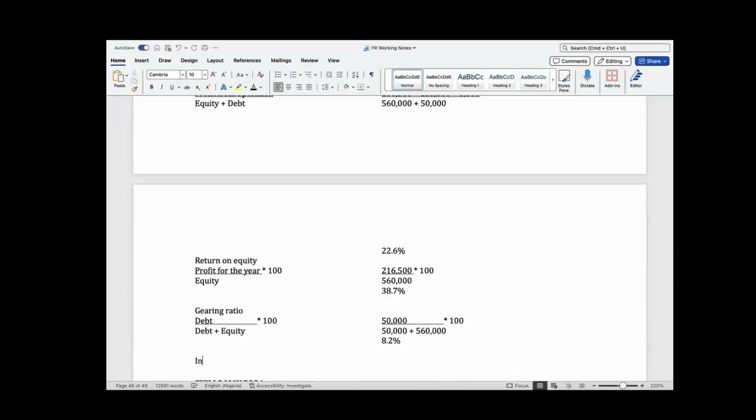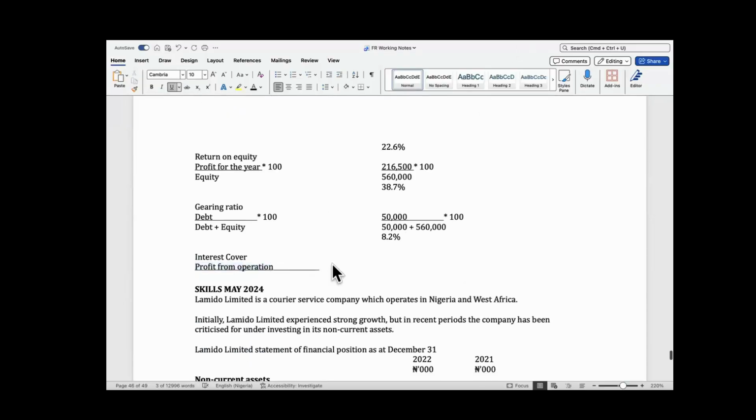And then interest cover, which is PBIT or profit from operation over your finance costs.